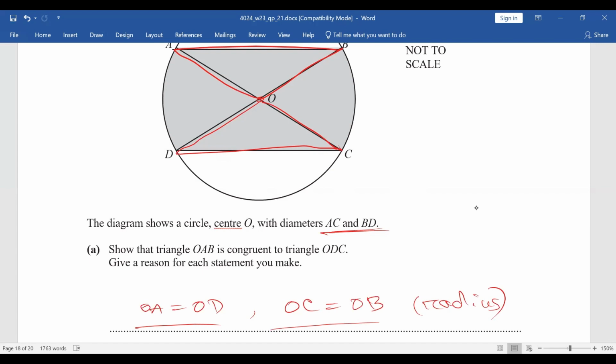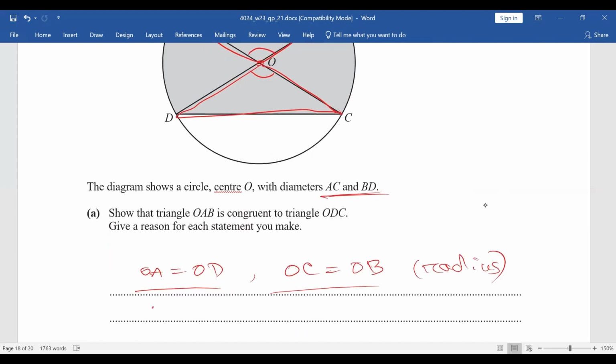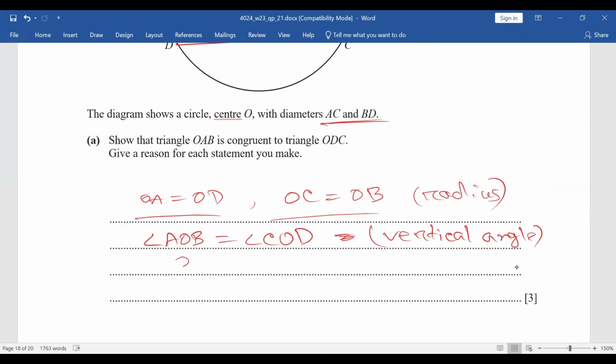Next, this angle is equal to this angle because angle AOB and angle COD are vertically opposite angles. So triangle OAB is congruent to triangle ODC. It is the side angle side theorem. Okay.